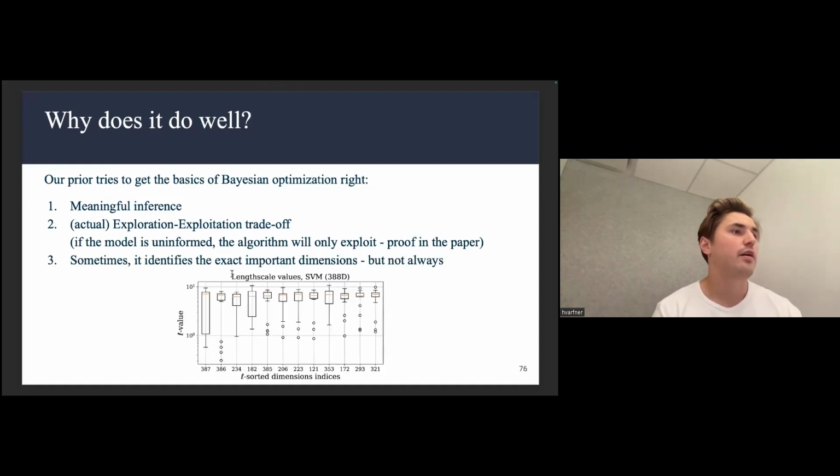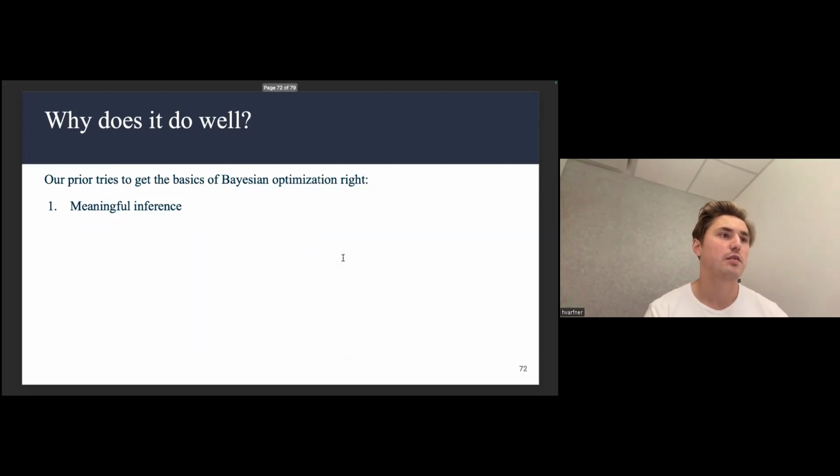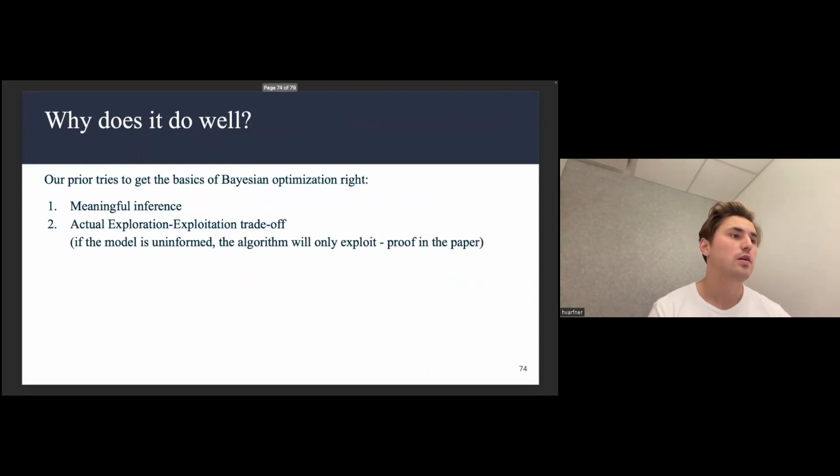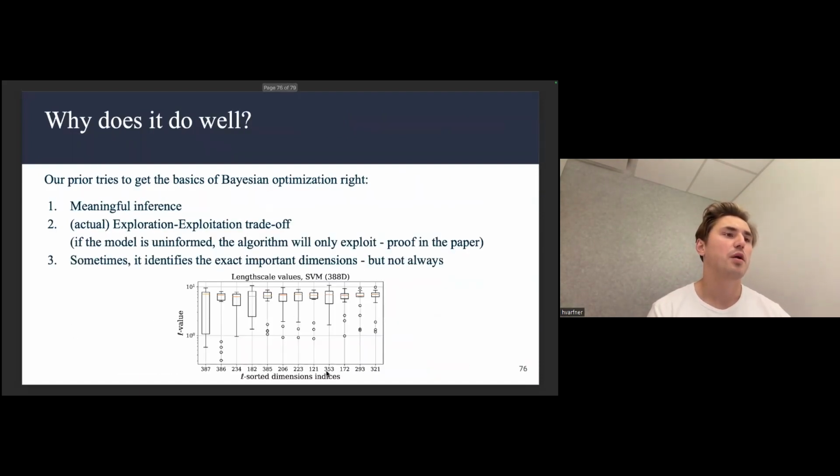And thirdly, our method sometimes actually identifies the right dimensions. Not often, not always, but kind of often. So this is the 388 dimensional SVM problem demonstrated here, where our method does pretty well. And we see that that problem is known to have 3 very important dimensions, and the rest don't really matter. And here, ranking all 388, these are the most important 12 dimensions.